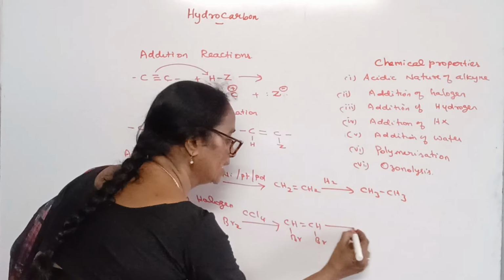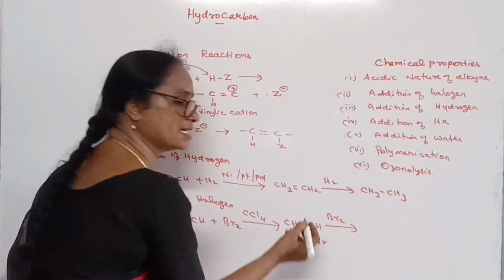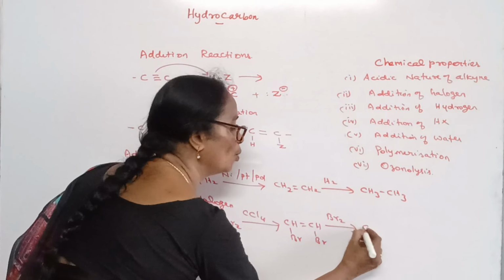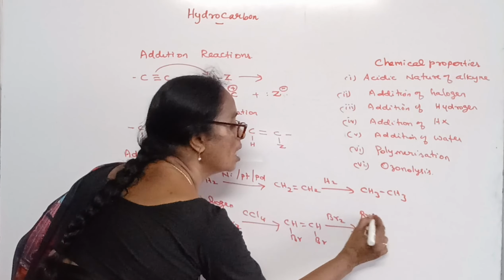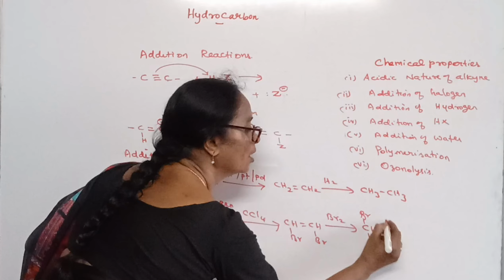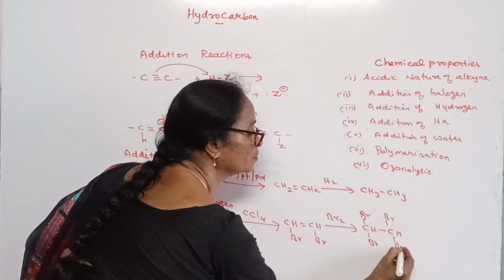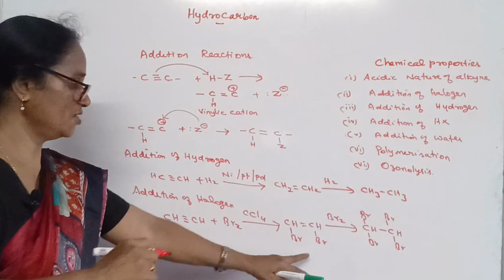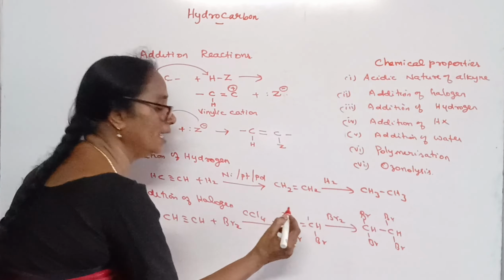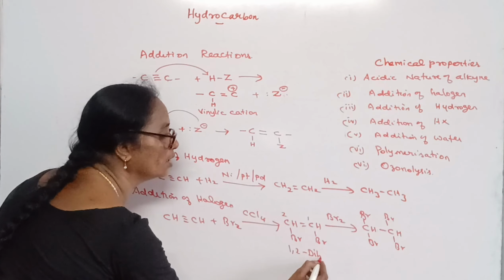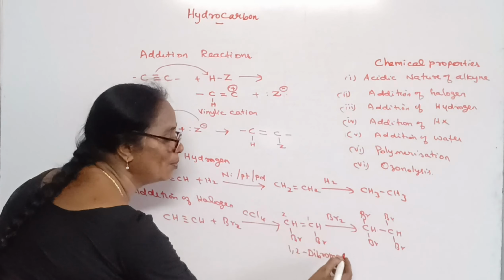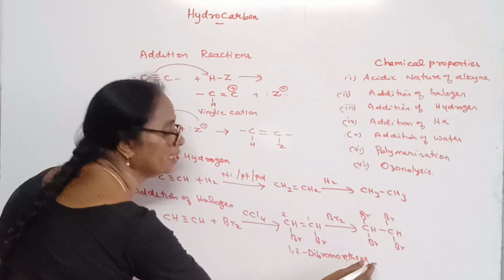And further, it undergoes one more addition reaction with one more molecule of bromine. So we will get CHBr2 CHBr2. So in the first case, the bromines are added to 1 and 2 positions. So the name of the compound is 1,2-dibromo. Double bond is there, so we are getting ethene.